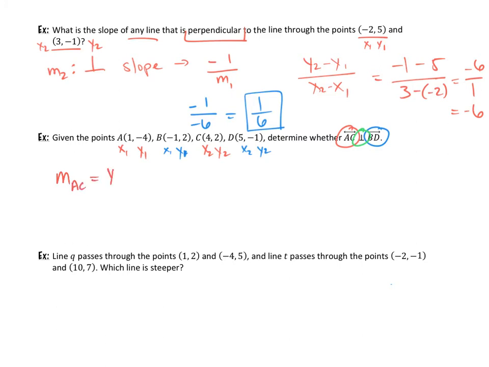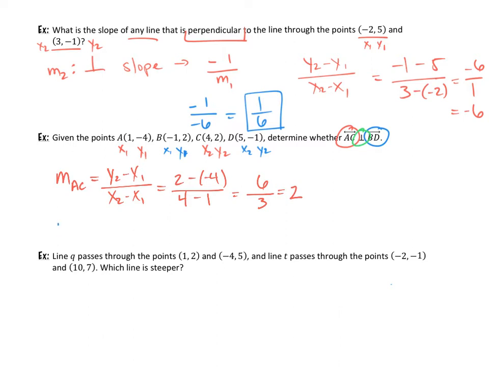So that is y2 minus y1 over x2 minus x1. So that is 2 minus -4 over 4 minus 1. 2 plus 4 is 6. 4 minus 1 is 3. So that equals 2.